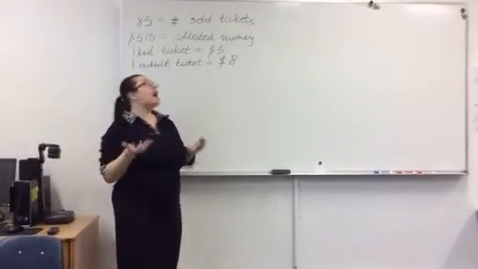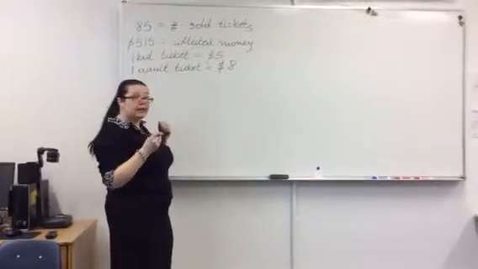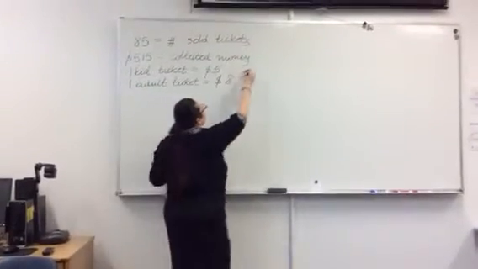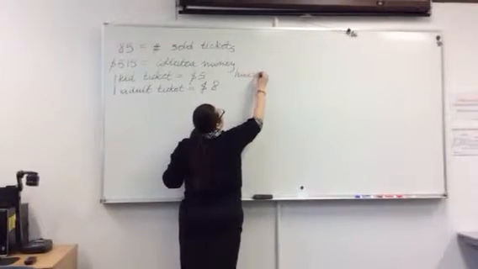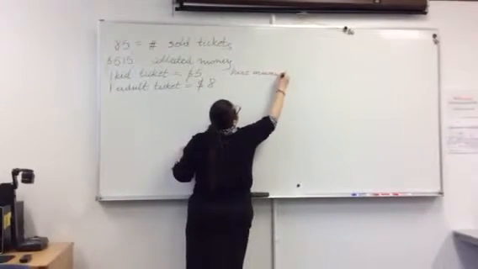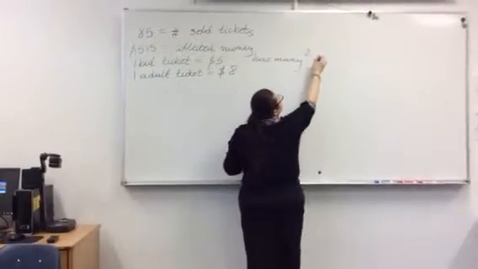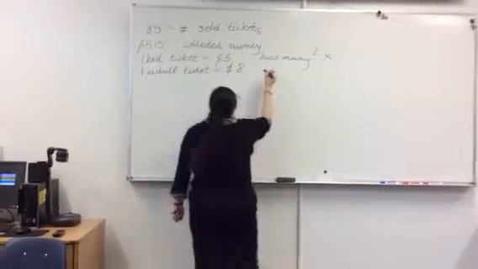What we don't know is how many kid tickets and how many adult tickets. This is unknown. That's what we need to figure out. So call it X. We don't know that yet.